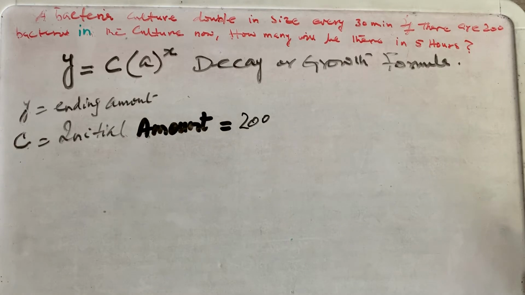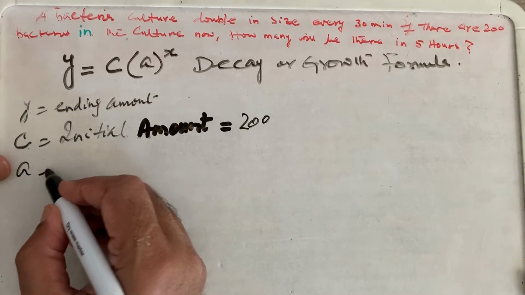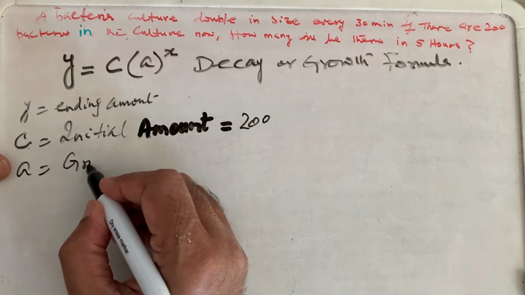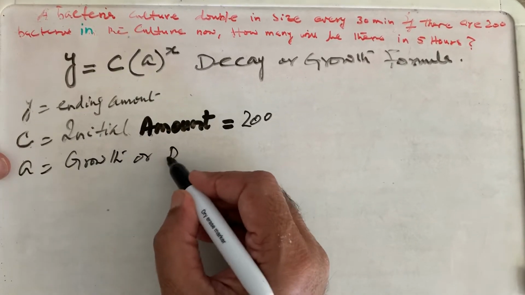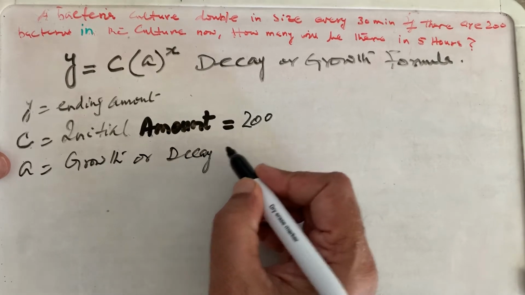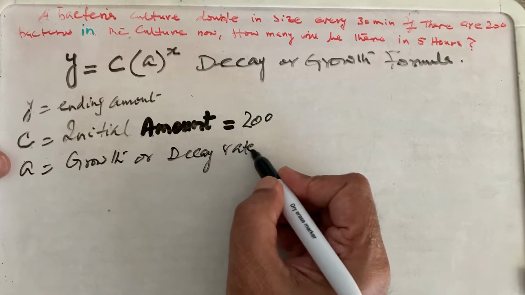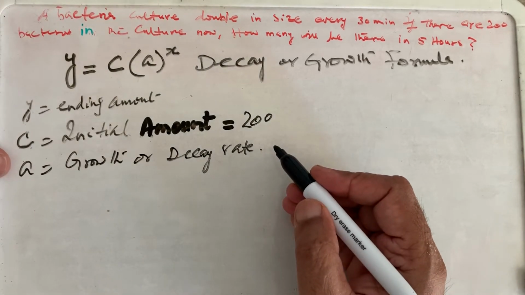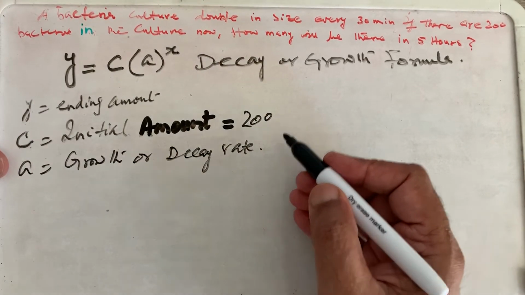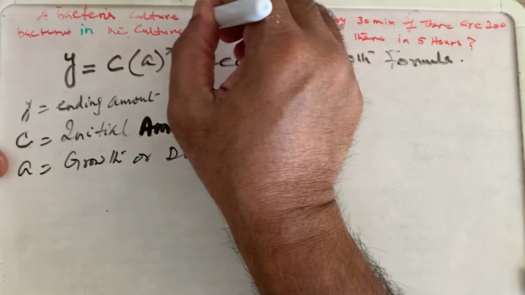A is the growth or decay rate. So a equals 2, where the culture doubles, right?